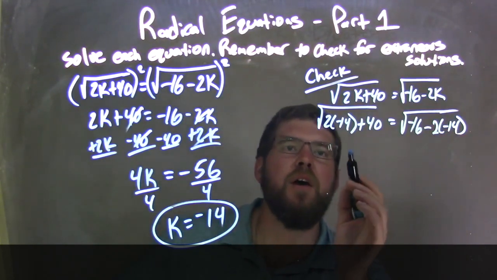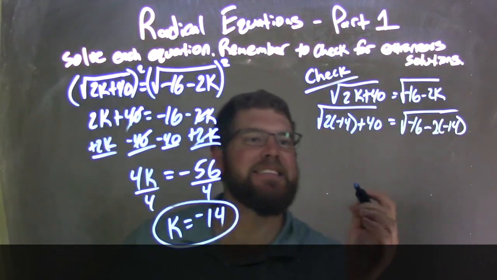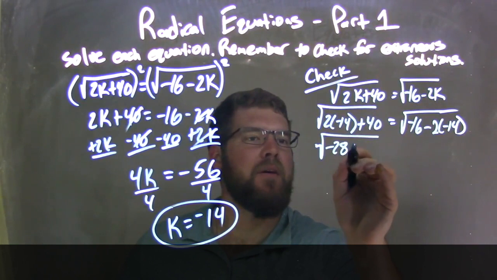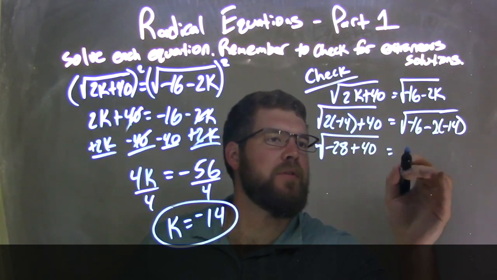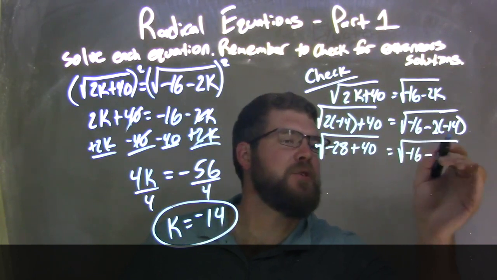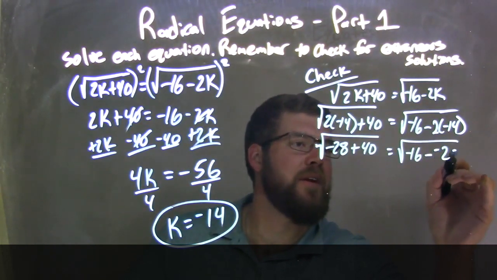Careful with our negatives. 2 times negative 14 is negative 28. So the square root of negative 28 plus 40 equals, here on the right, negative 16 minus 2 times negative 14, which is negative 28.